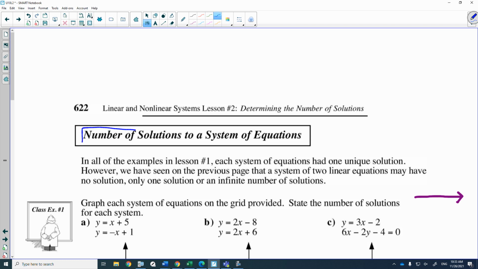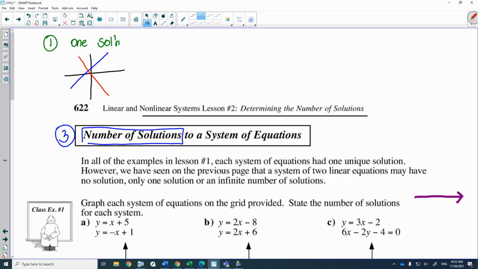When we're looking at the number of solutions to a system, there's 3 different cases to consider. The first case is what we did yesterday, when there's one solution. And that looked like this, right? And that would be the solution.